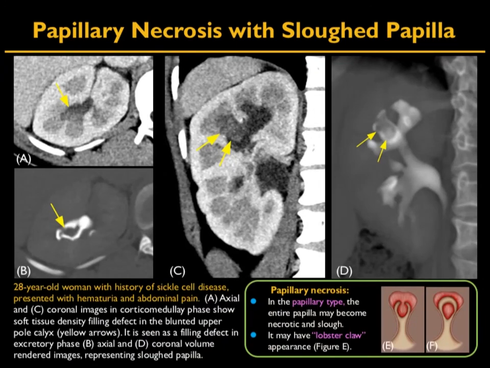The biggest challenge to me in this sloughed papilla is that it can simulate a carcinoma, so it indeed is somewhat of a challenge. In papillary type of papillary necrosis, the entire papilla may become necrotic and sloughed, and it has this lobster claw appearance very nicely drawn on the schematic diagram.